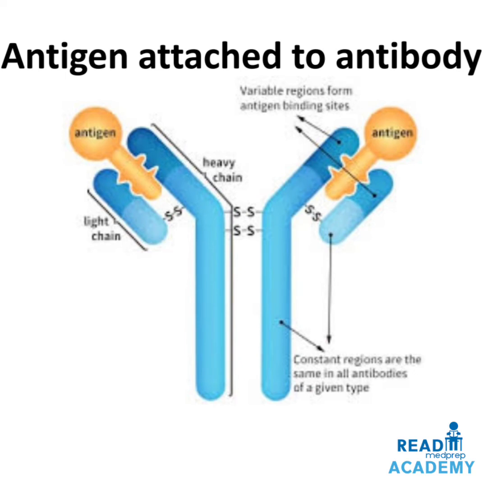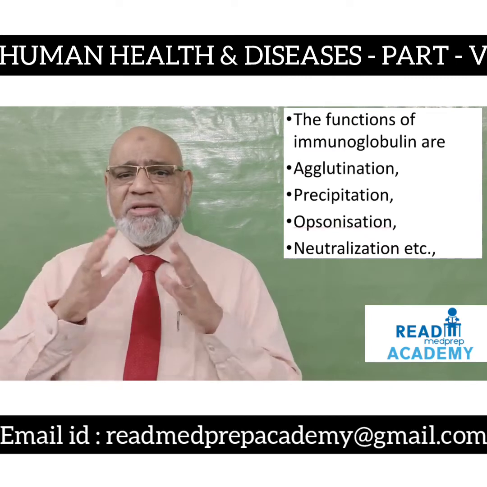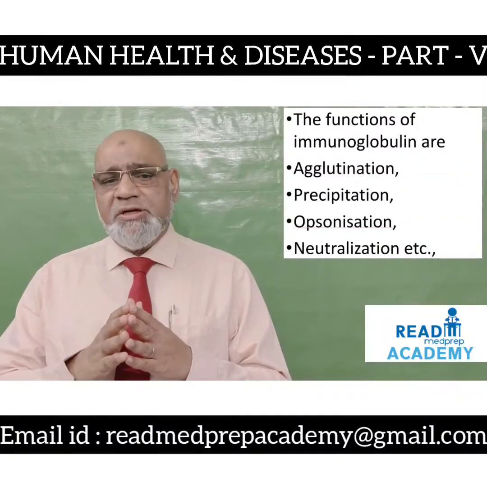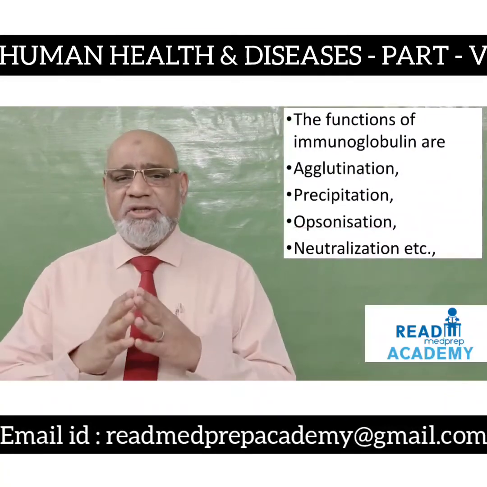Whereas the heavy chain and the light chain have variable regions to form the antigen binding sites. In this image you can see the antigen bound in between the variable regions of the light and the heavy chain. The functions of immunoglobulins are agglutination, precipitation, opsonization, neutralization, etc.